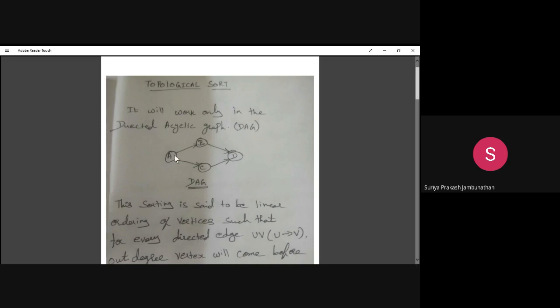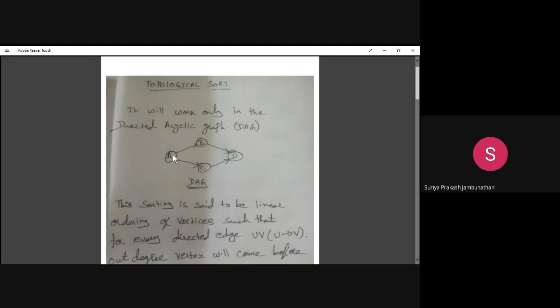So here in the example graph diagram, we have four nodes A, B, C, D. In this graph, A to B we are making a direction, B to D we are making a direction. The same way A to C we are making the direction, C to D we are making the direction.